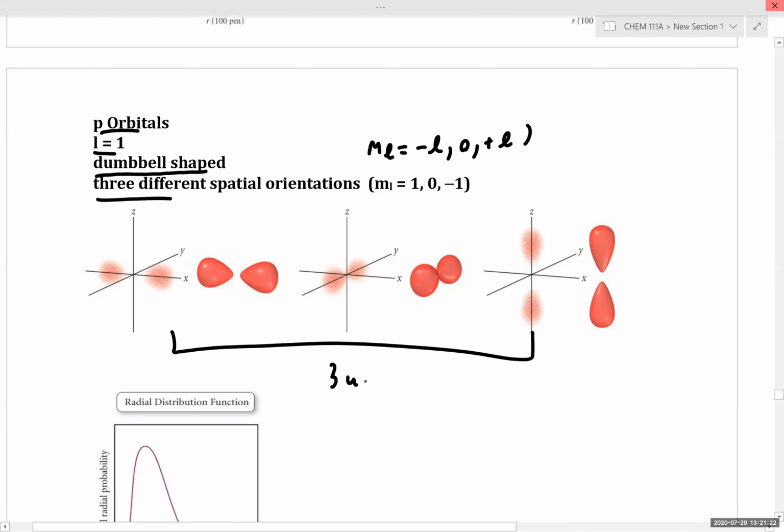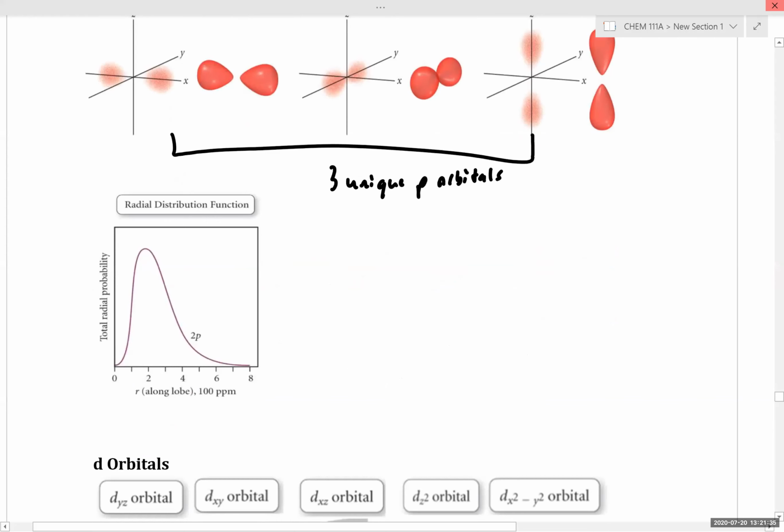And as a result, we have 3 unique p orbitals. If you look at the probability density, this time we're looking at radial probability for a p orbital, we see that there is a node.